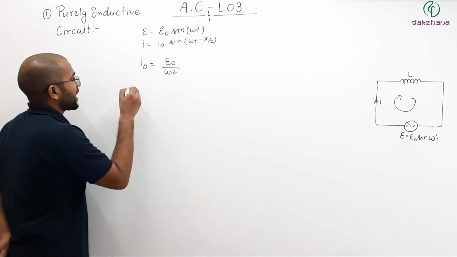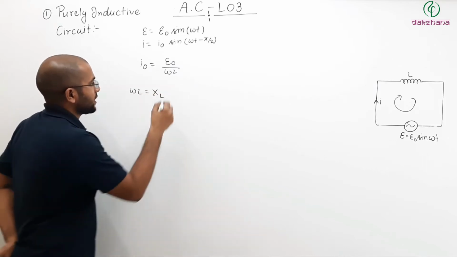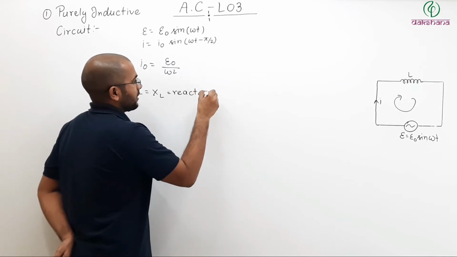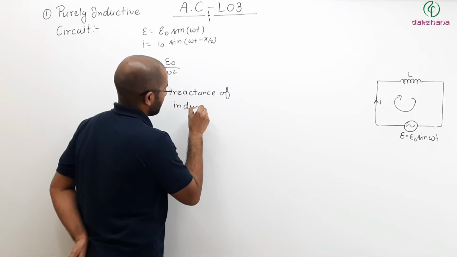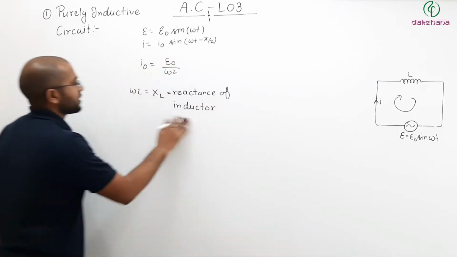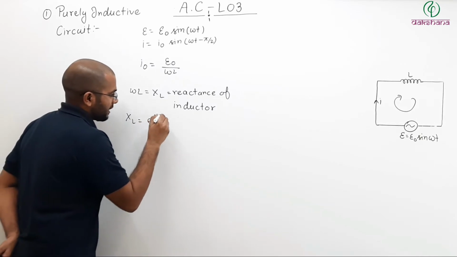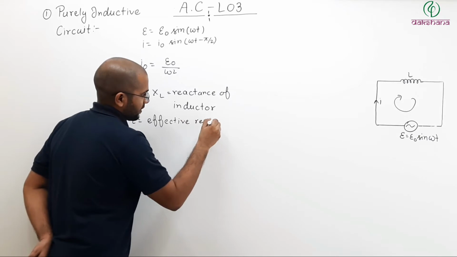It is written as XL, which is called the reactance of the inductor. XL is the effective resistance of the circuit.